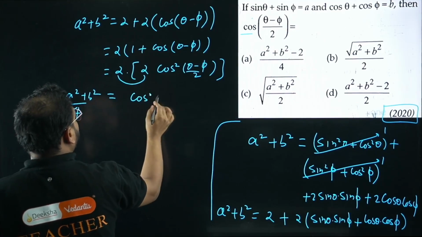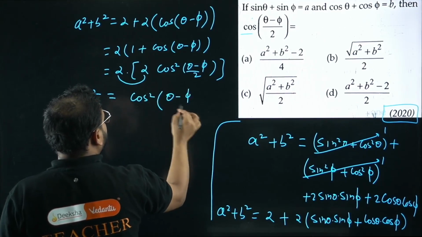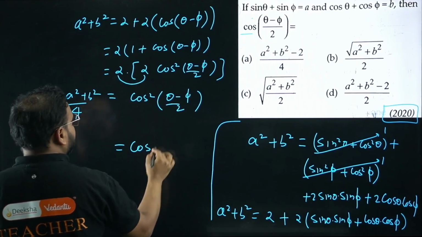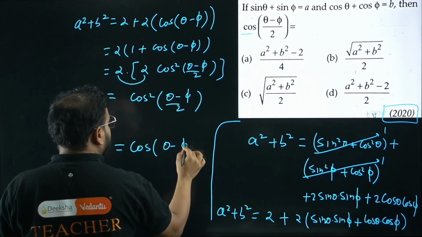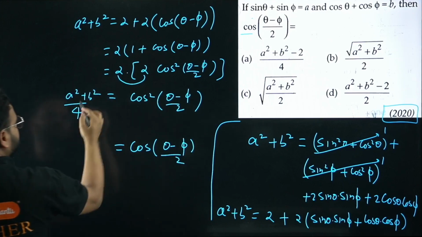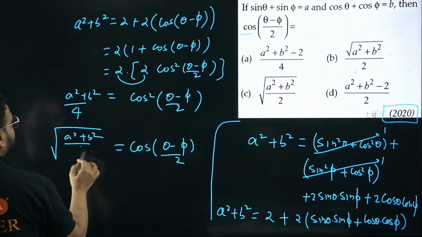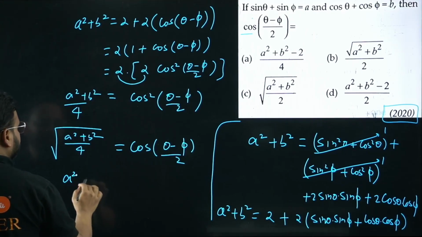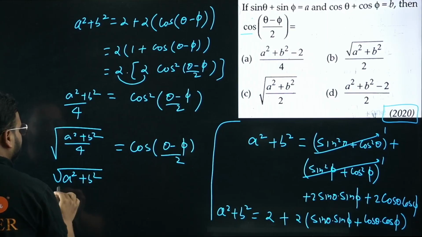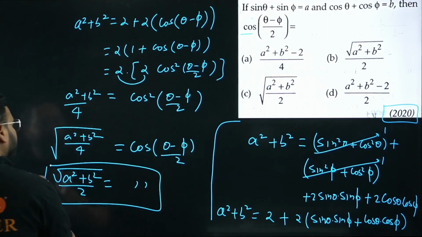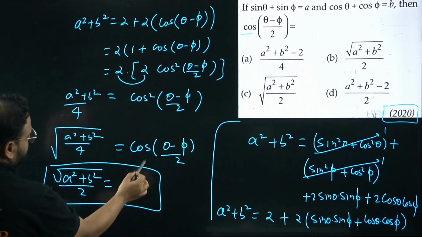I want this value without the square, so I get cos of theta minus phi by 2, and it will become a root on this side: root of A square plus B square by 4. Solve it. Root of A square plus B square by 2 is your answer. Please check.